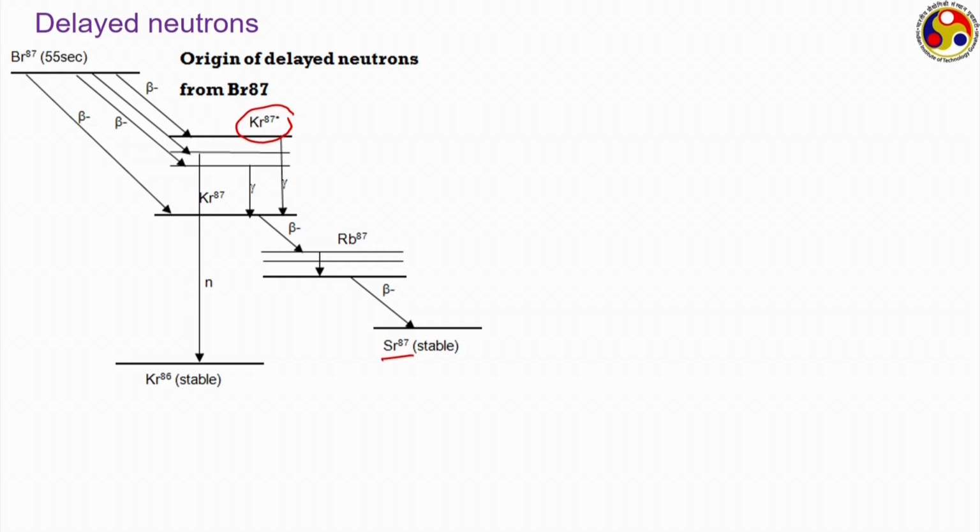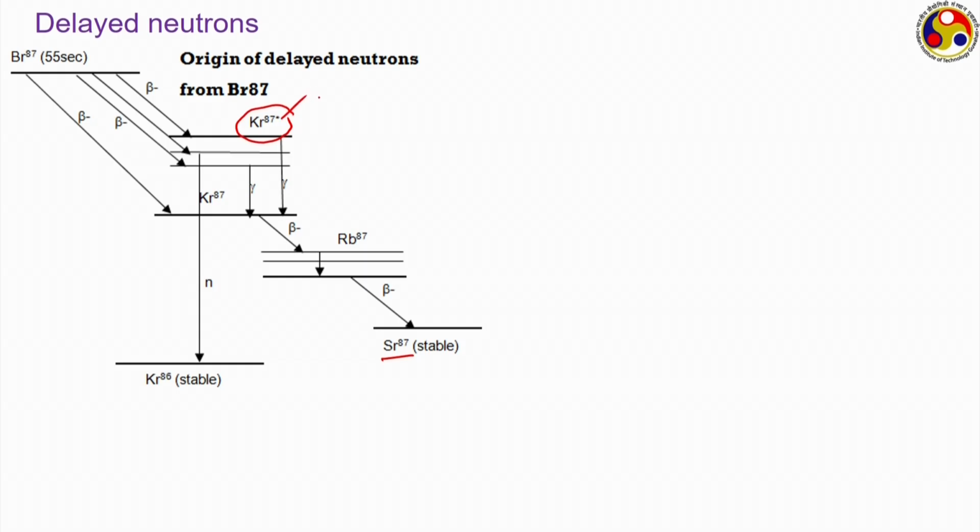But there can be other routes also. By undergoing beta decay, it can also produce krypton 87 which are normal isotopes, not any excited stage like this.